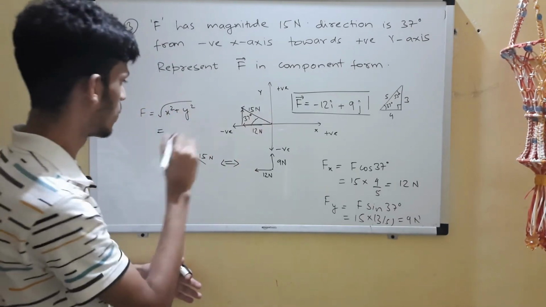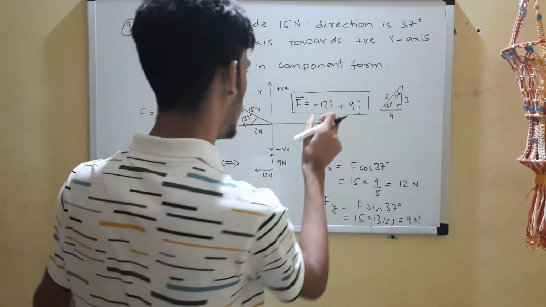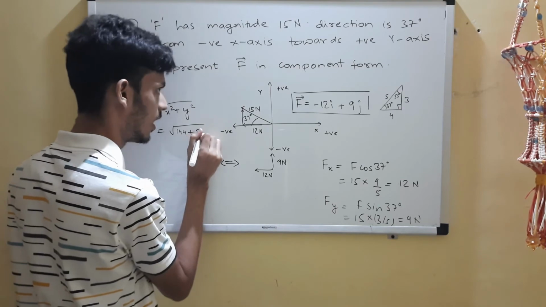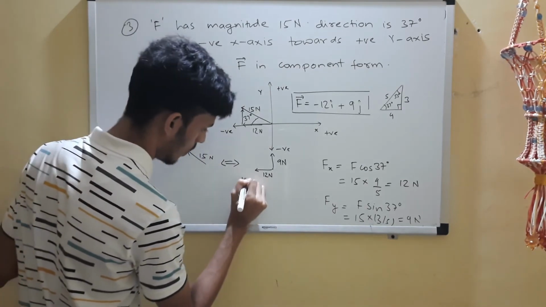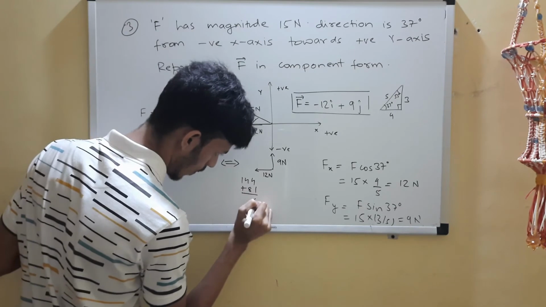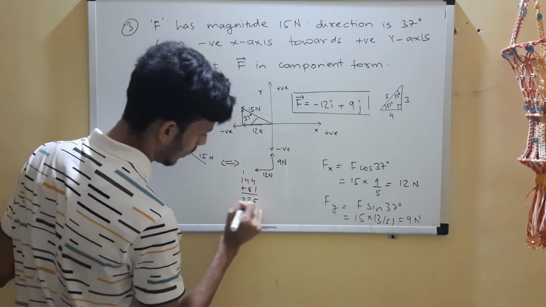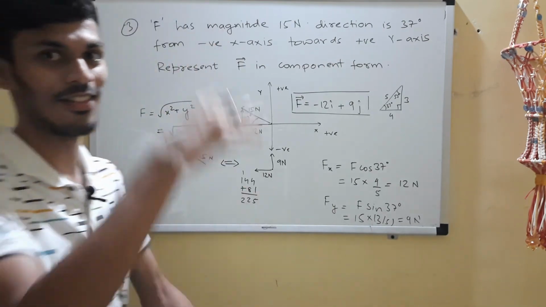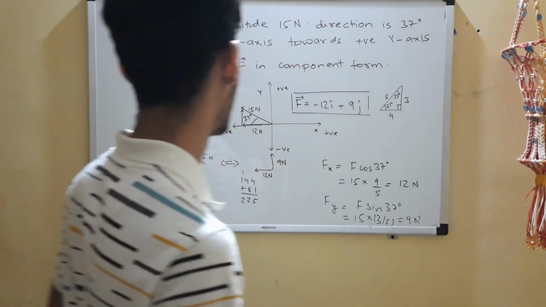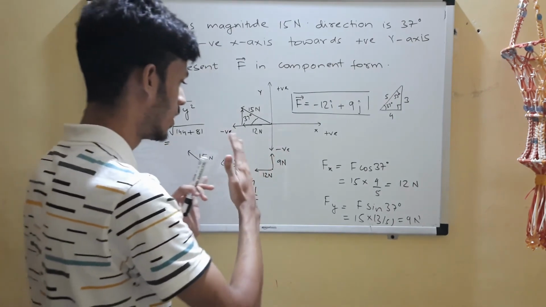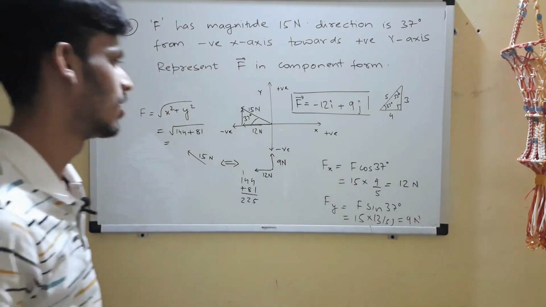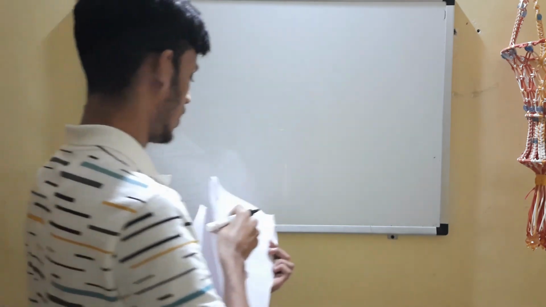Now we don't have z, so even if you want to verify it, you can just add their squares. 12 square is 144, 9 square is 81, so 144 plus 81 gives 225, which is nothing but the square of 15, the vector of which they were made. This vector you had broken into two parts, 12 and 9, vertical and horizontal components. That is that.